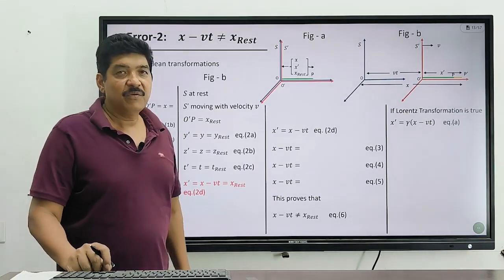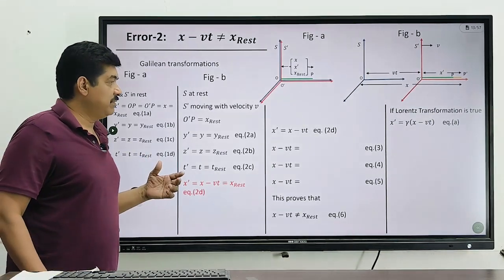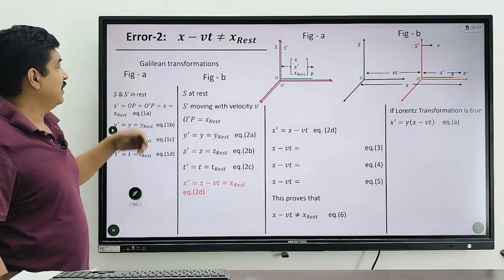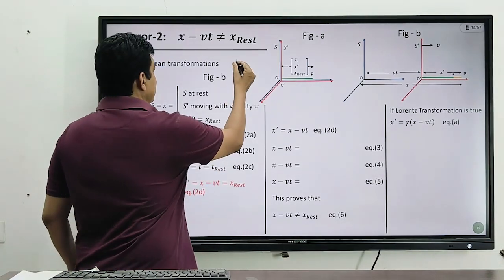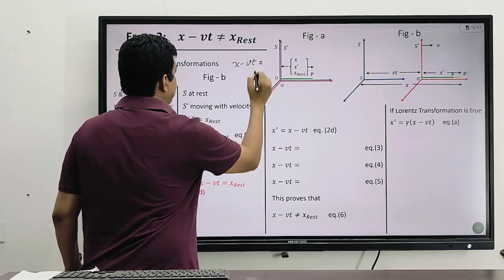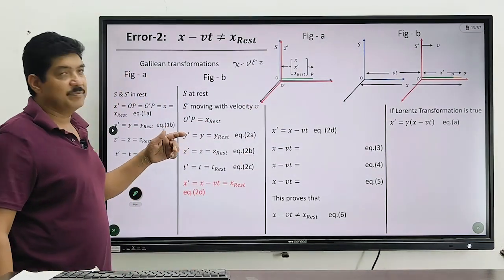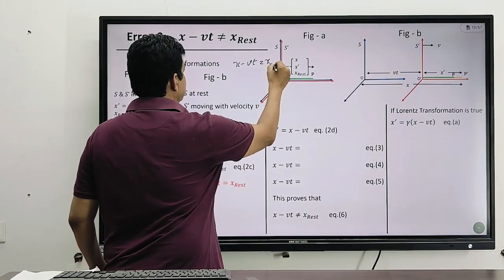First, I'll just revise whatever I have given in my last video. What I have given in the last video is that x minus vt of the Galilean transformation is not equal to x rest.